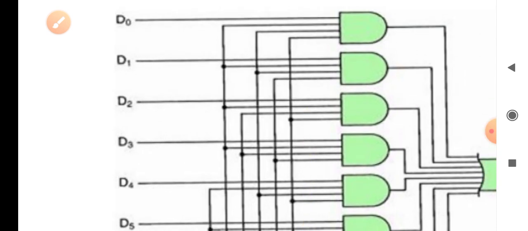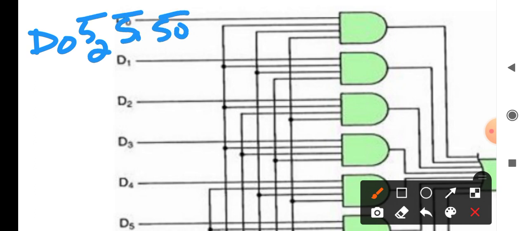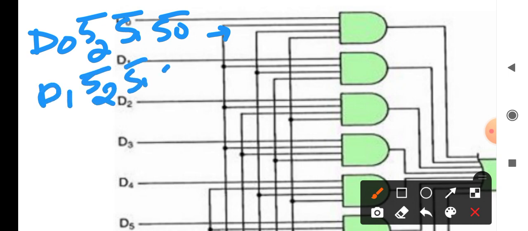So this is how D0 into S2 complement, S1 complement, S0 complement is implemented, and D1 into S2 complement, S1 complement and S0 is implemented like this. You can see here S0 is taken directly from the input, without the NOT gate.